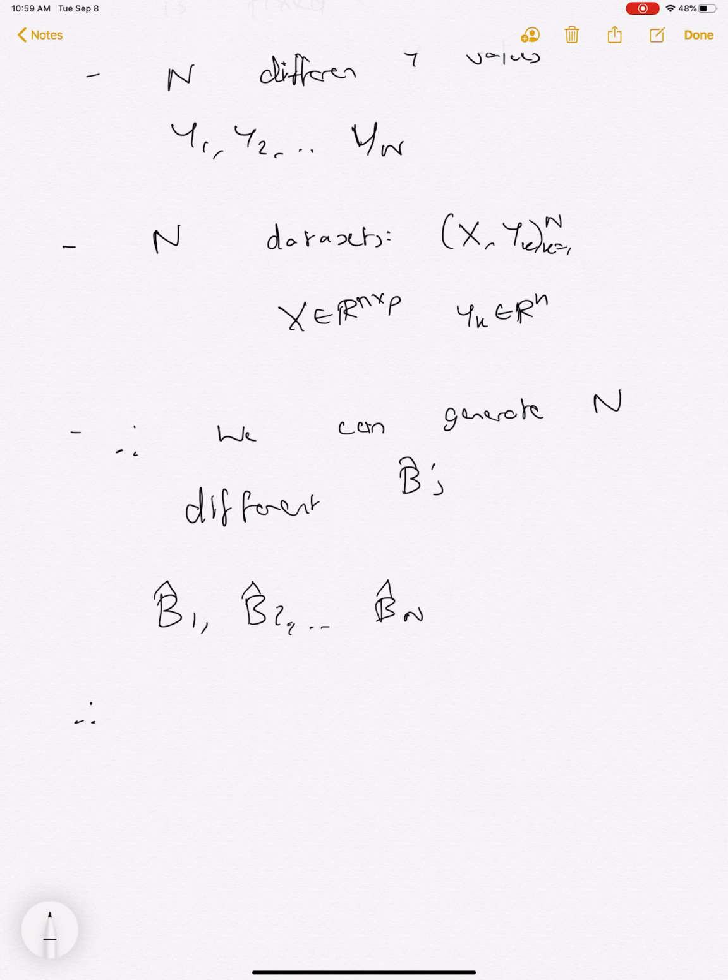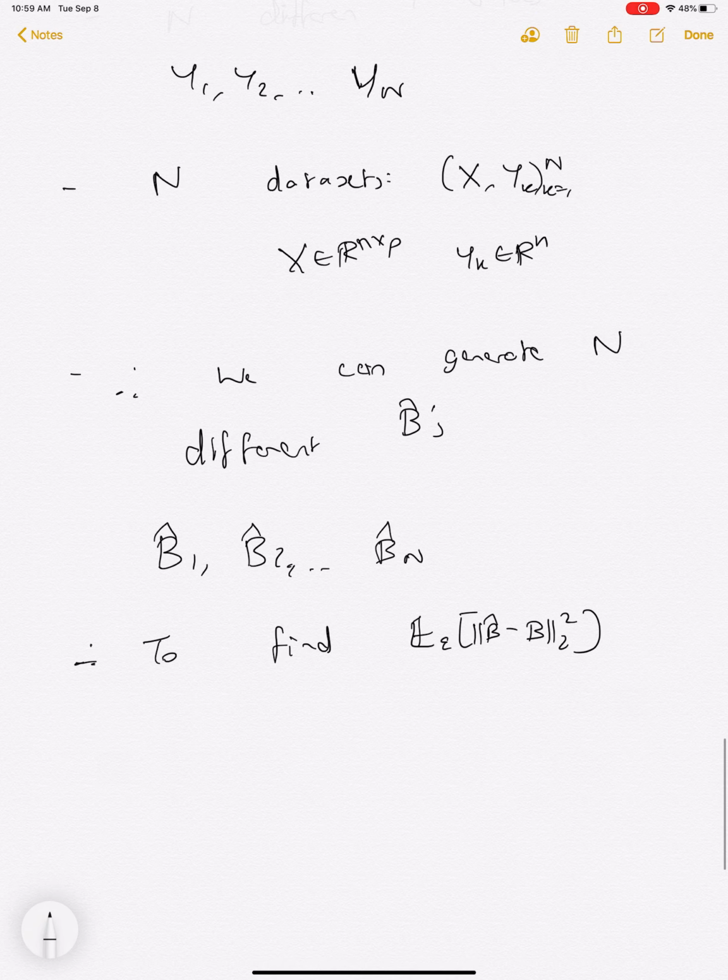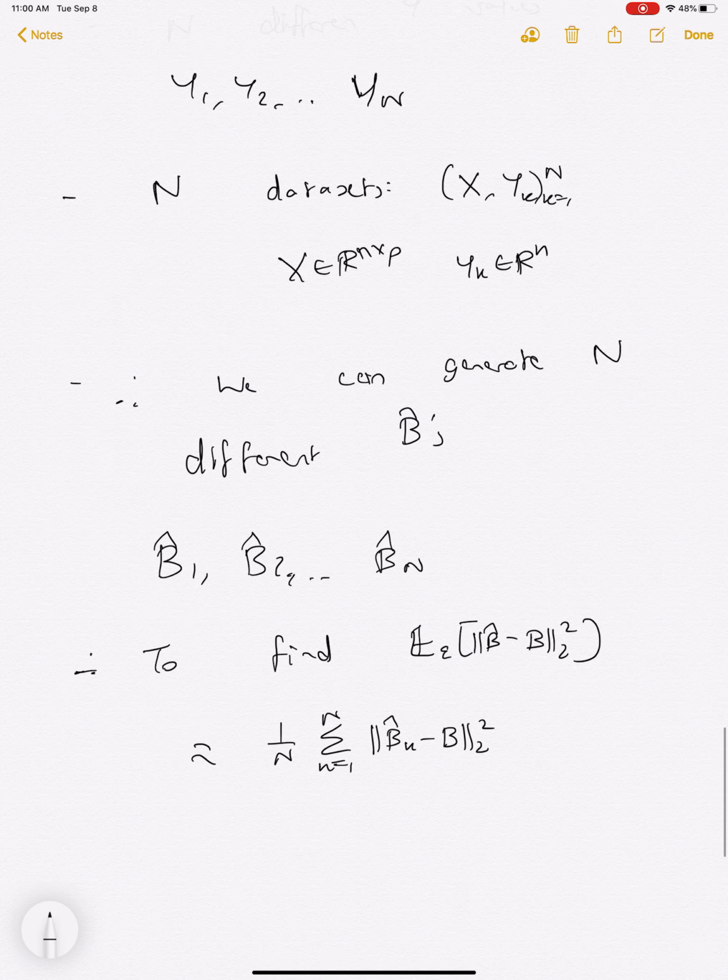And then if we want to find this expectation, then we can just say that this is approximately 1 over N summation, where we're going to use k equals 1 to N.